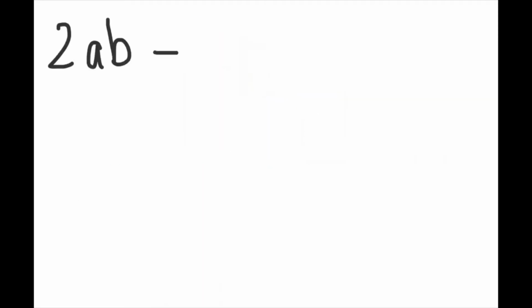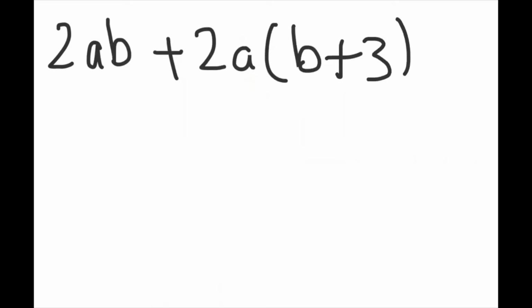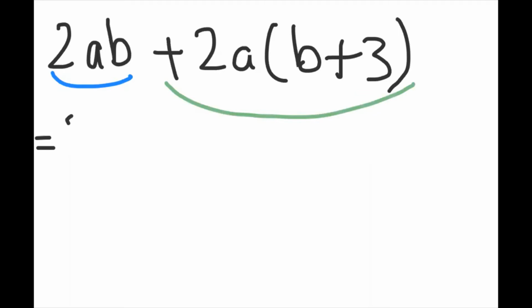2ab plus 2a, b plus 3. So let's see how we can tackle this one. Let's leave the first part for later and tackle the green part first, because we have some brackets that we have to remove. Leave the 2ab.